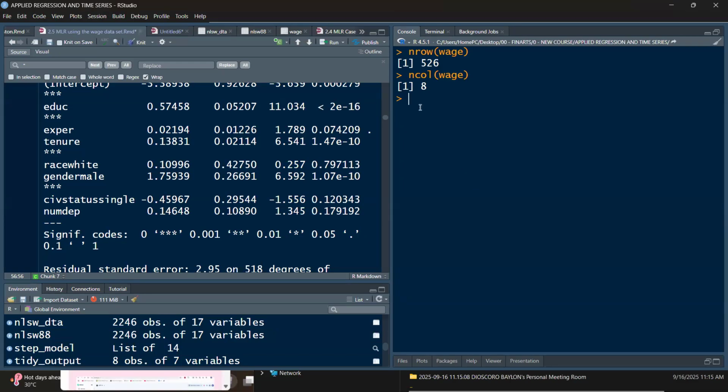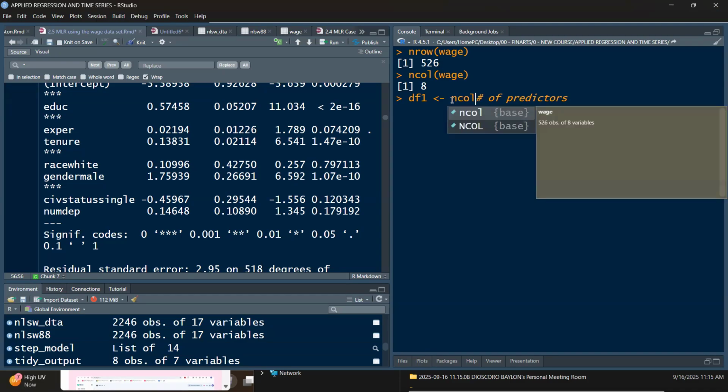Now, when you have your F test, you have degree of freedom 1 and you have your degree of freedom 2. What is your degree of freedom 1? Your degree of freedom 1 is your number of predictors. So how many predictors do we have?